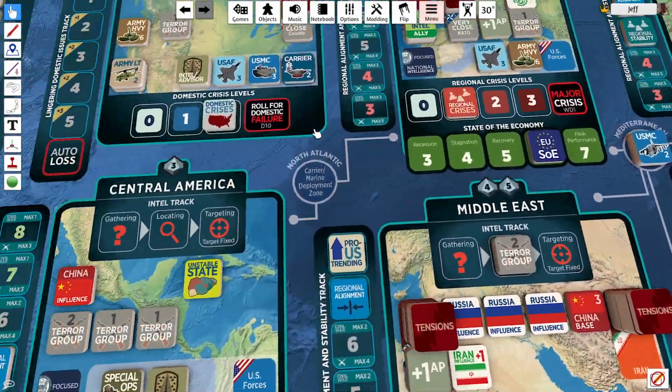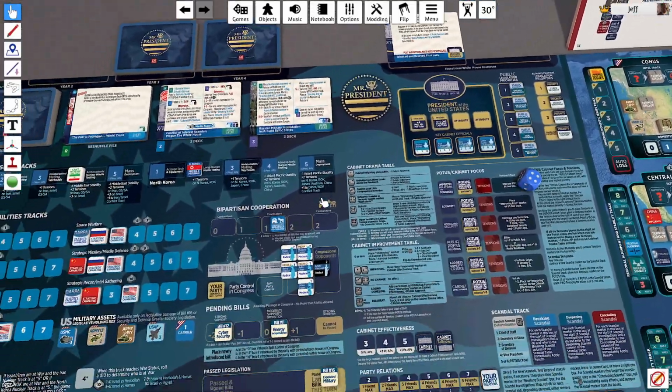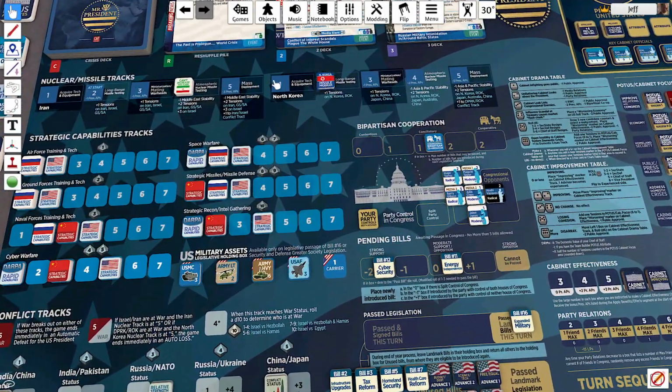Their nuke program hasn't really been moving. I mean, we could move it down. Page 10. So obviously we know what the nuclear track is. I gotta get to 2 or better, or I can put a can't increase token on it.